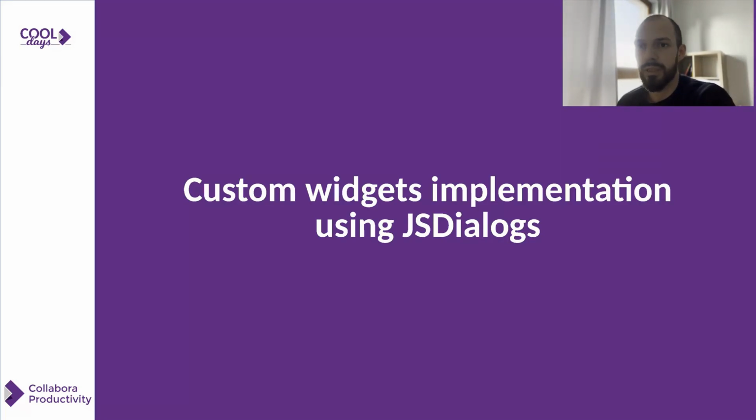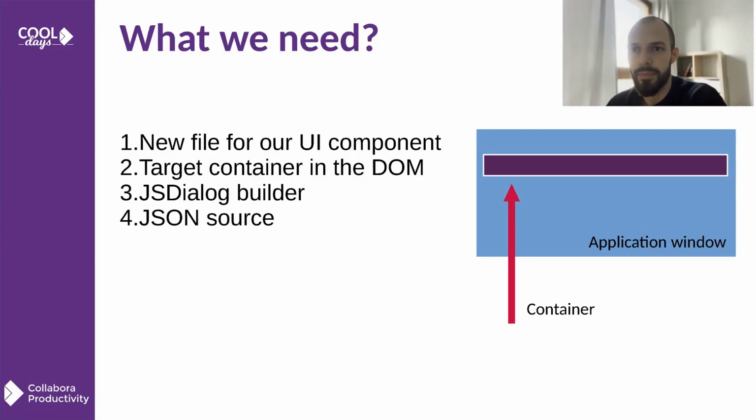So what do we need to create the custom widget? First, we need a file in the online repository where we will place our code for the UI component. In that file, we will create a container in the HTML document, and then we need a JSDialog builder, which builds the widgets, and some content for this builder in JSON format.